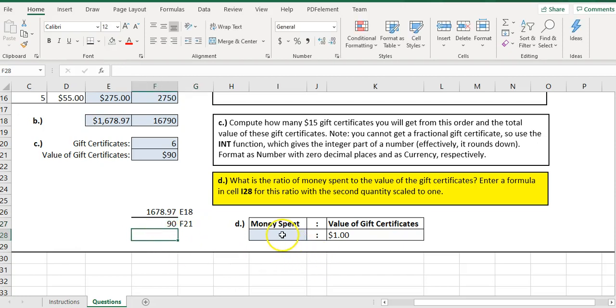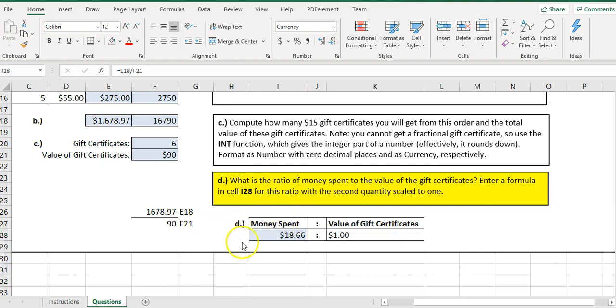So when I type my formula here, I want to use the E18 and the F21. And what am I doing with those two things? I'm dividing. So I want to write a ratio with those two things divided. And I want to format it as a currency with 2 decimal places. So I'm going to pause and let you do that.